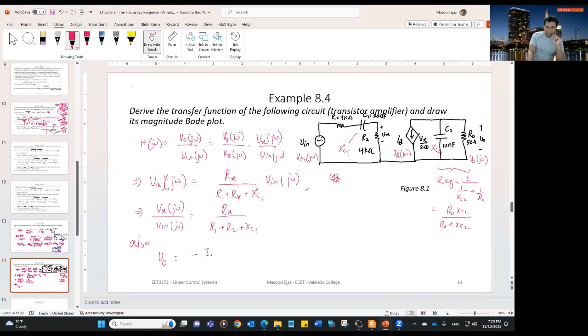Negative ID(j omega), because current is entering at the bottom, but you are taking the voltage positive with respect to top. Negative ID(j omega) times Z equivalent.